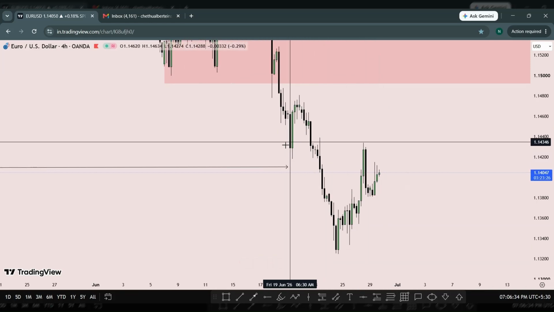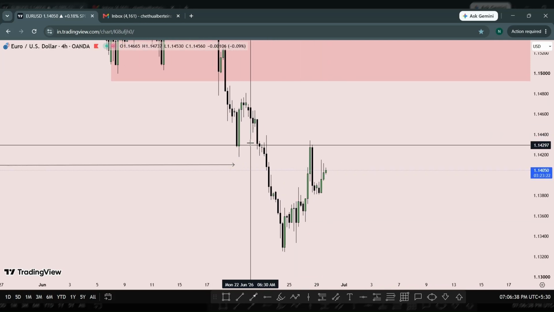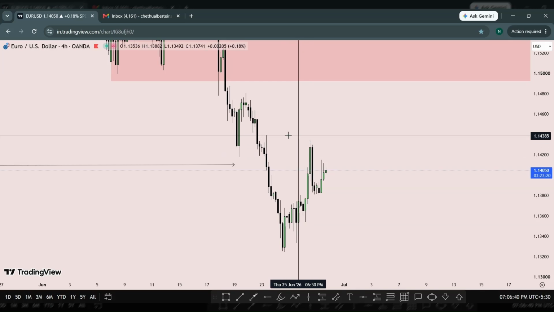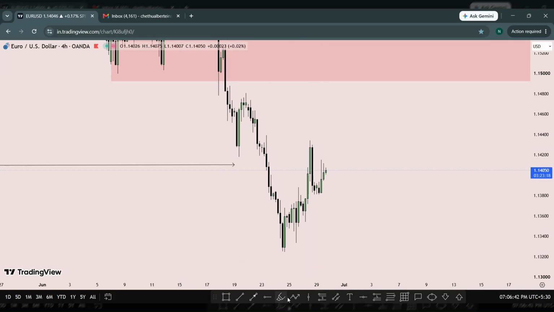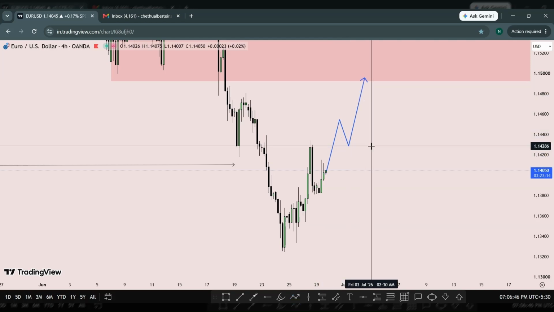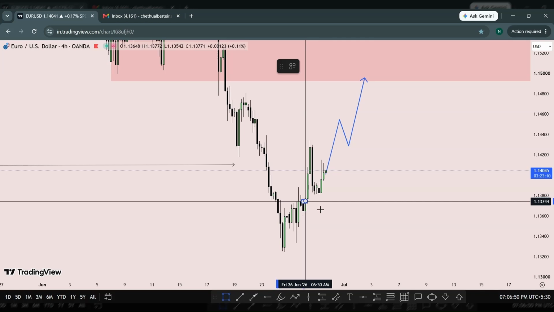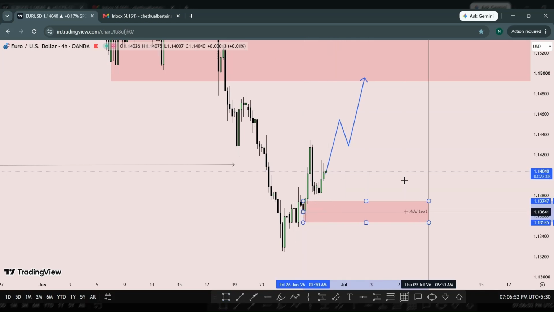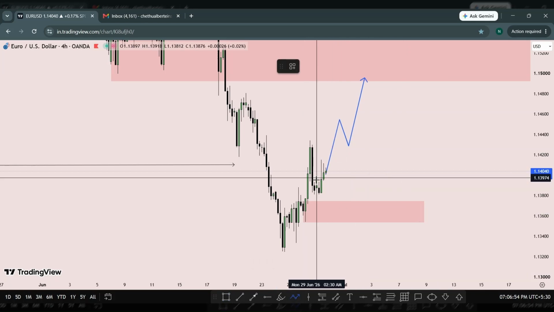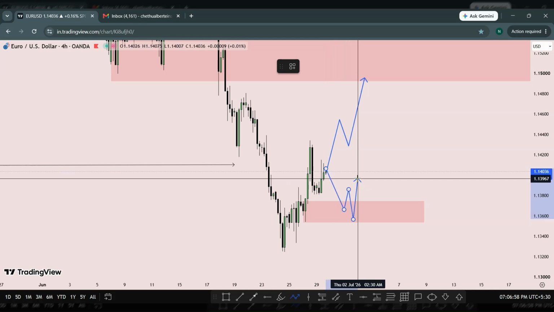If we see the previous price action, I think it will break, because exactly when it tapped on the previous support and resistance, it gave a sudden reaction, then broke downside. So I think it's a fake support and resistance. The market will go bullish. I think this demand is perfect.